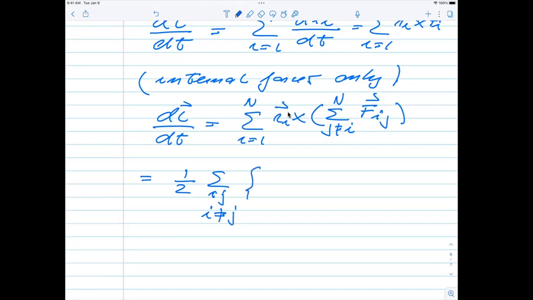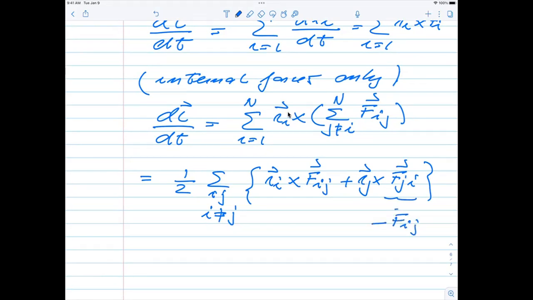And this is a term which I now can split into r_i cross product with F_ij, and this contains plus an r_j cross product with F_ji. It's pretty easy to see that. It's the same trick which I used when I looked at the total linear momentum. Now this term, if we follow Newton's law, this is the same as minus F_ij.